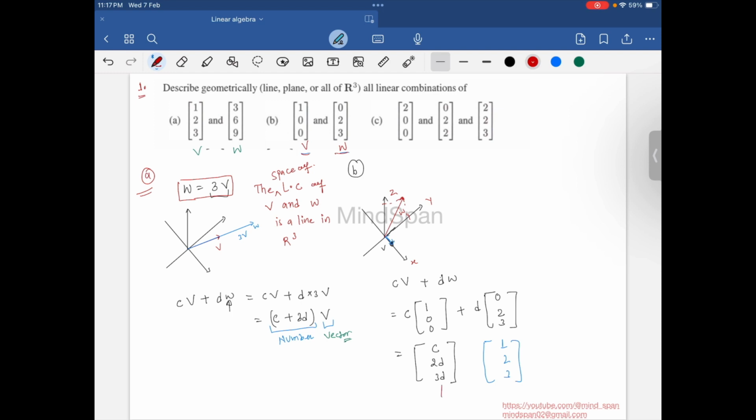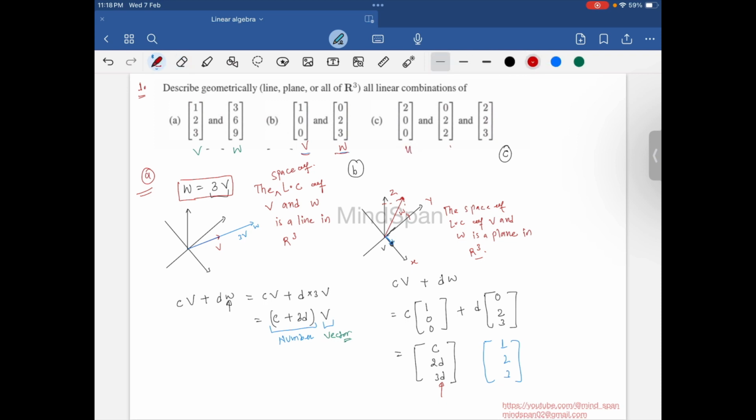So okay, the space of linear combination of v and w is a plane in R cube. Okay, now let's come to this part C, right? And let me give it a name, maybe u, v, w.